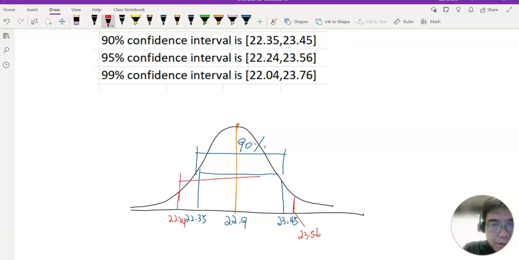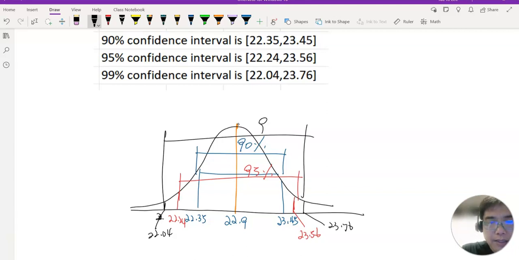So that's basically the 95% interval, and then 22.04 and 23.76. That black area becomes basically the 99% interval here.